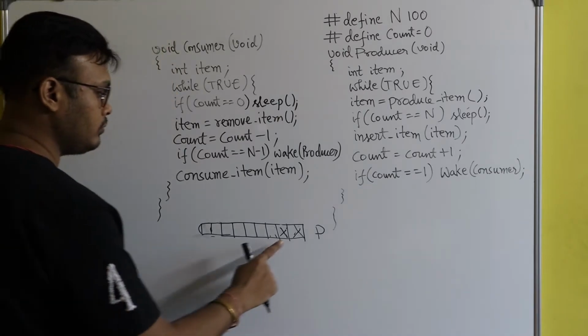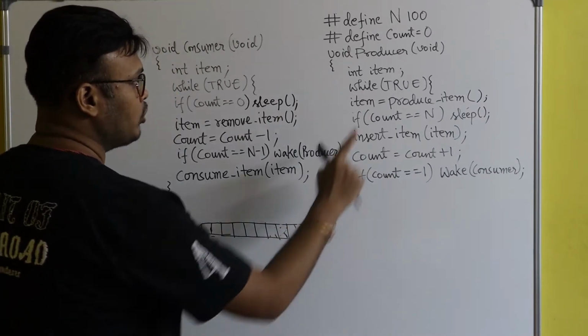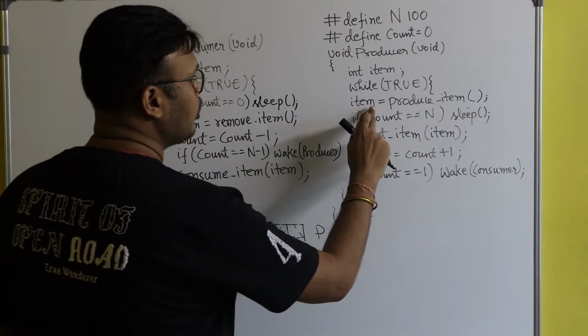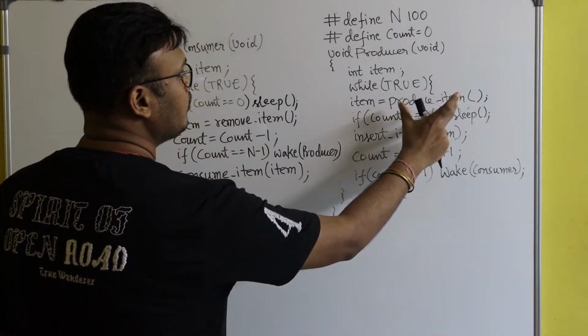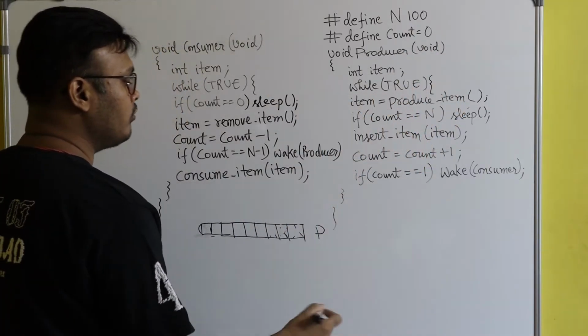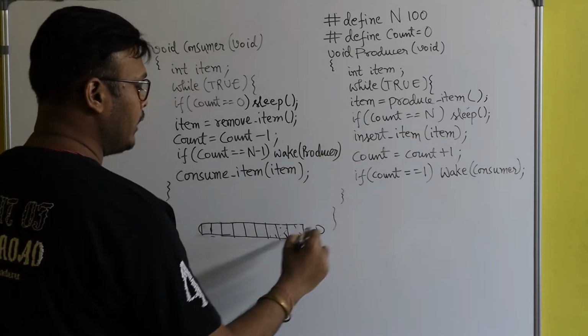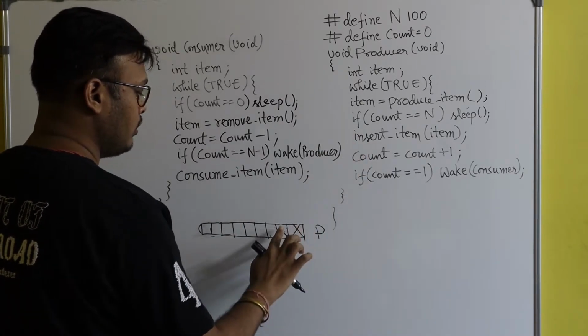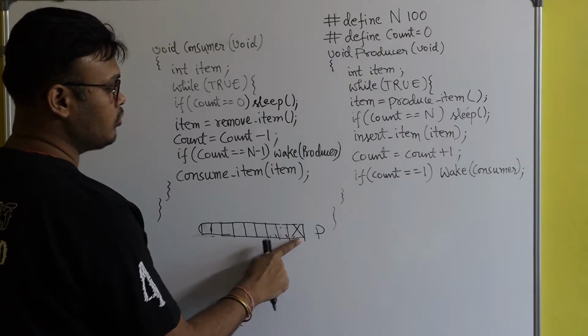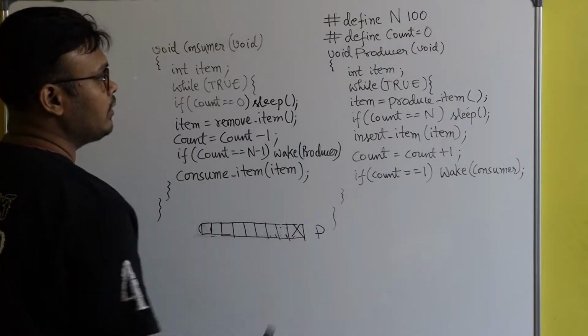If the producer wants to produce one item, it calls produce_item, which produces the item and keeps it in the buffer. Now count is equal to 1 because one item is kept in the buffer.